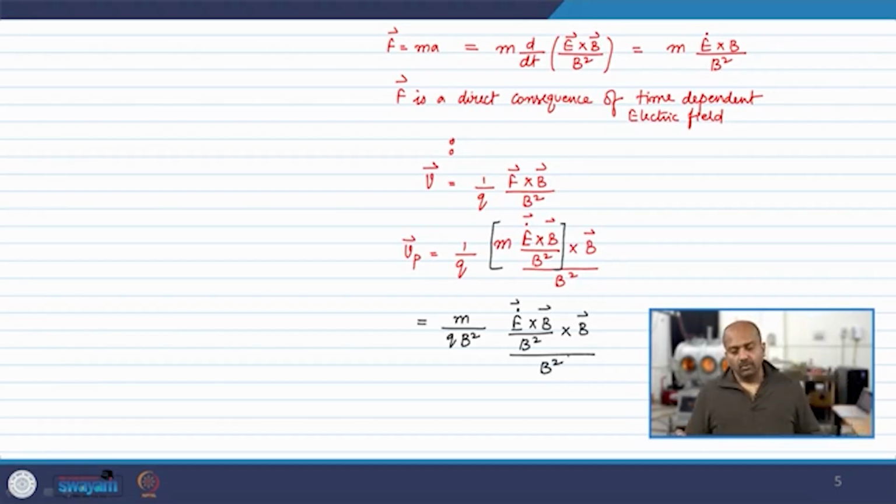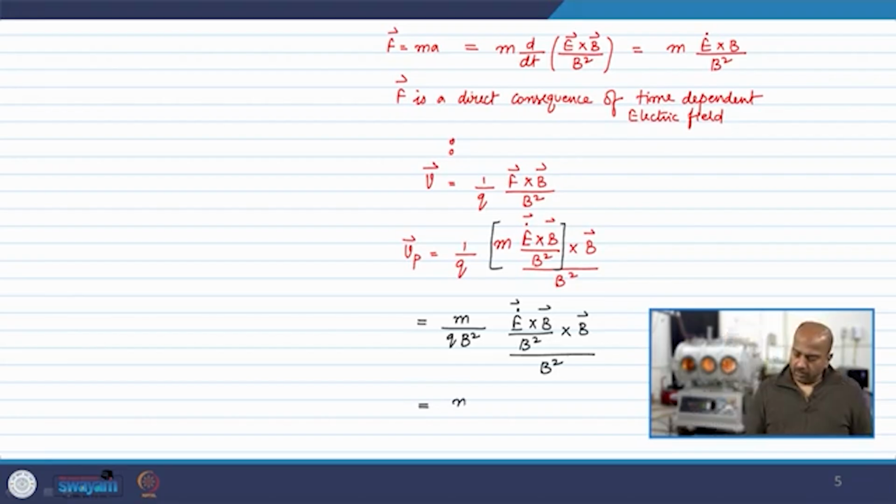Since we do not know how E dot will curl with B, it is okay to write the time dependence outside and write m by q B square times d by dt of E cross B by B square, cross B. There should be only one B square here.